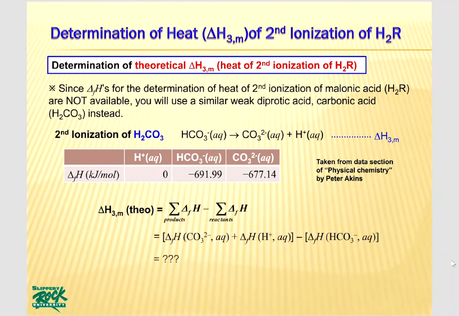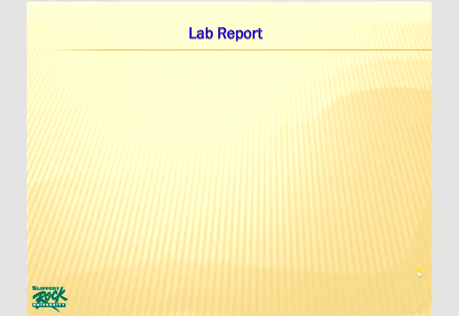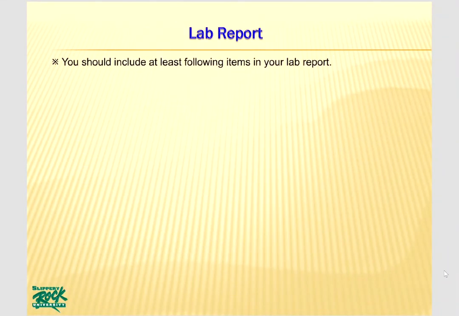So, theoretical molar delta H3 is the formation enthalpy of CO3 2- plus the formation enthalpy of proton minus the formation enthalpy of HCO3-. You have determined experimental and theoretical heat of ionization of water and heat of second ionization of malonic acid.